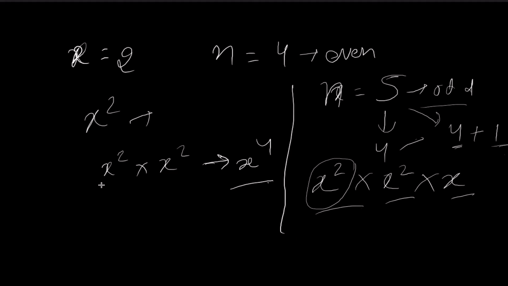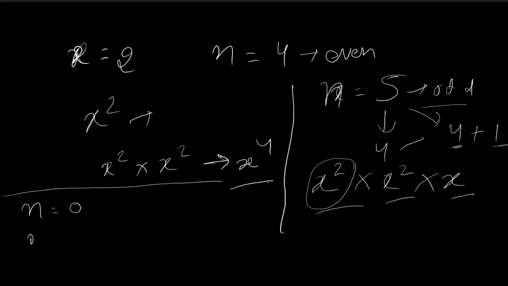So let's just write code for this. We need to recursively call the same power function. So we need to have our base case clear. The first base case would be if my n becomes 0. No matter what the value of x is, your power function will return 1.